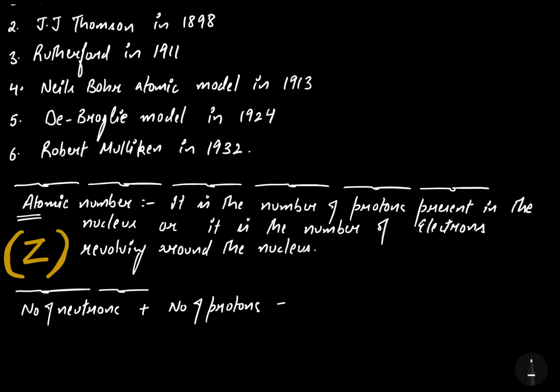The sum of the number of neutrons and the number of protons is called nucleons, and the number of nucleons is also called atomic mass or simply mass number.